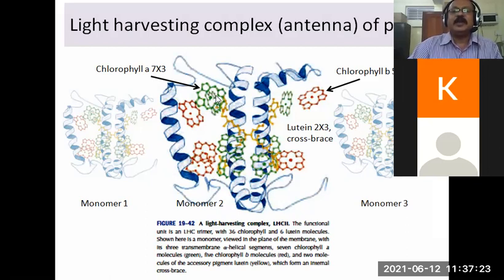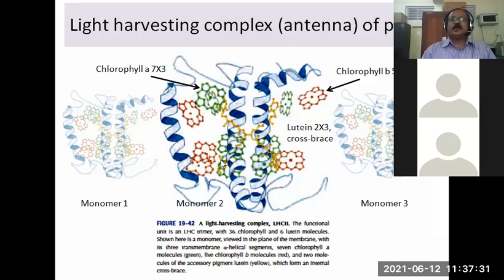Chlorophyll A, 1, 2, 3, 4, 5, 6, 7. Could you count that? 7 chlorophyll A molecules in monomer 1. Similarly, there are 7 chlorophyll A molecules in monomer 2 and monomer 3. And therefore, the total number of chlorophyll A molecules is 21.